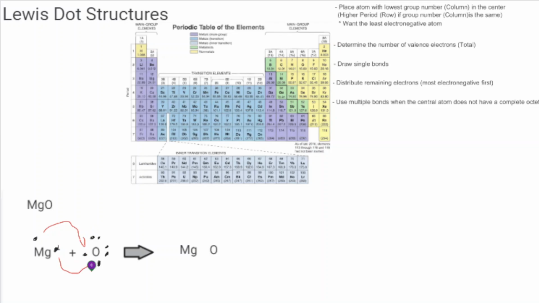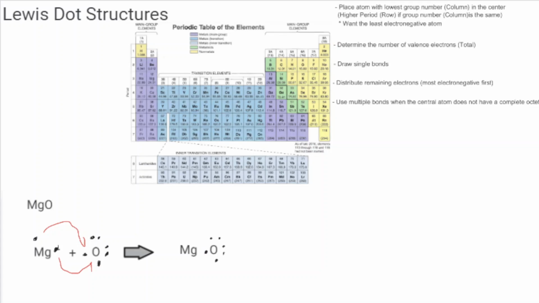And so if I redraw our Lewis dot structure, it's not going to be very exciting. Magnesium essentially has nothing on it. I mean, technically it has 8 valence electrons, but it's over here in the neon section. But generally you'd want to draw it without electrons in this case to show that it lost its electrons.